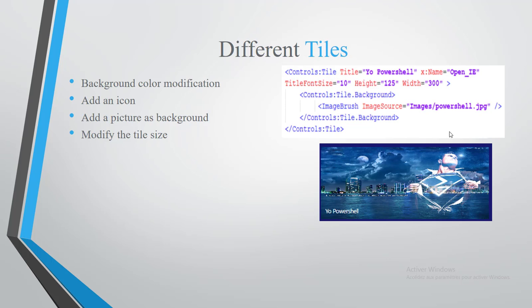If we want to add a background image, a background picture, sorry, to your tile, add the image brush part in your tile like this, and you will be able to add a picture in your tile.